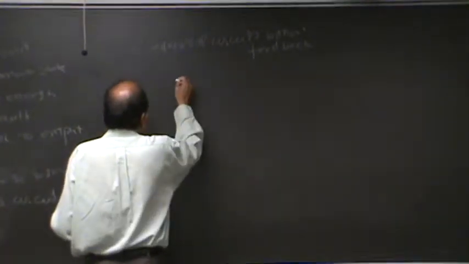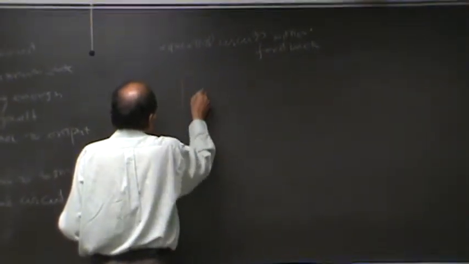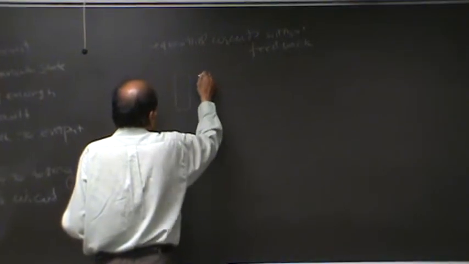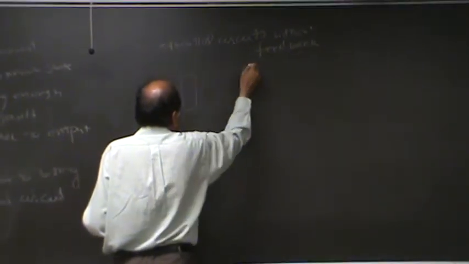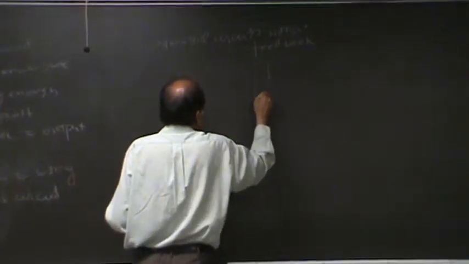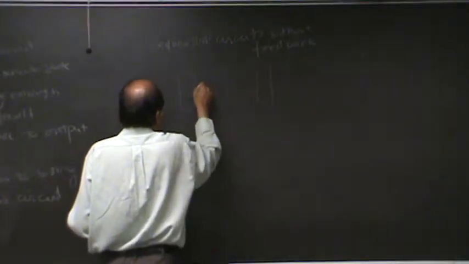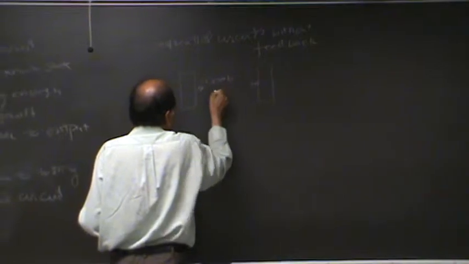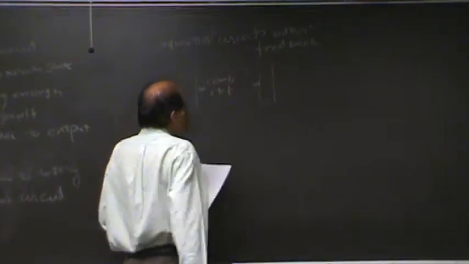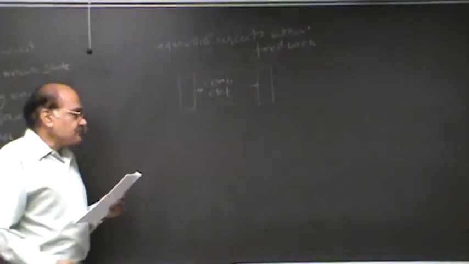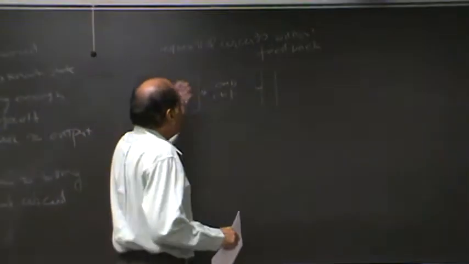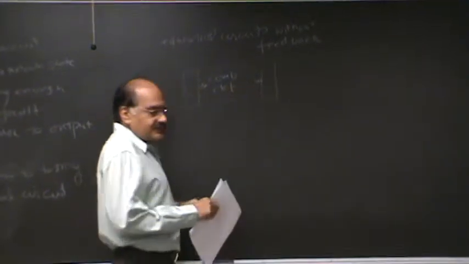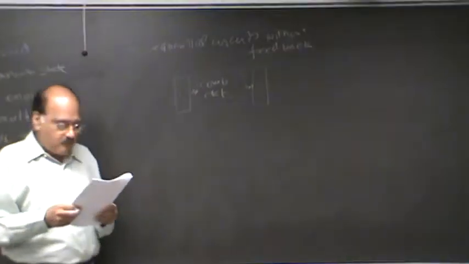So they often look like this, that here you have some registers, and here you have some combinational logic. Here you have some registers. So here you have the lines. So this is an example where these are registers. So this is a sequential circuit, but it does not involve a feedback.